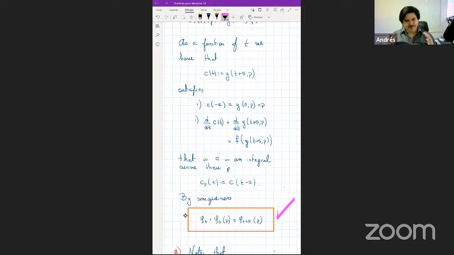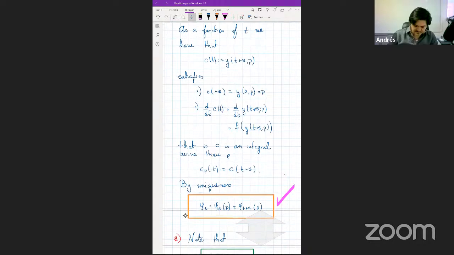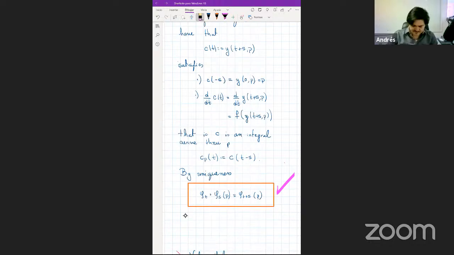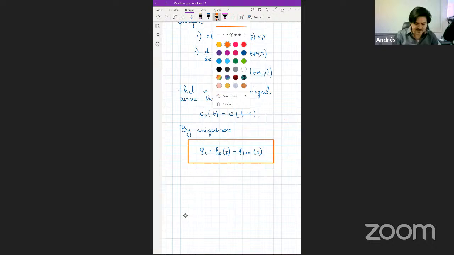Basically, this condition is what allows you to see the movie actually flowing. So you take a point P, so this is what we had above.